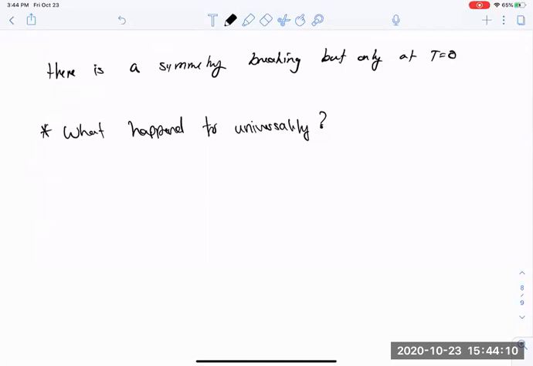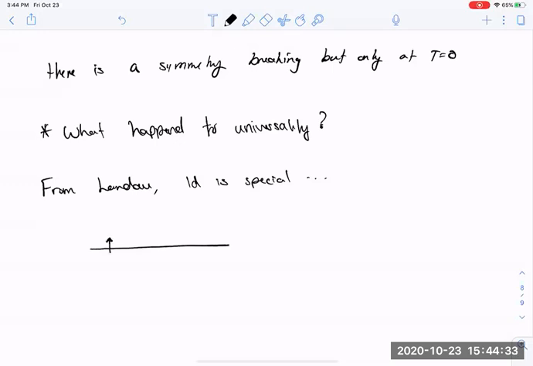To just give you a prelude of why one dimension is special, I want you to think about what would happen if I took a system that was all up, so in a symmetry broken state, and I introduced the lowest energy excitation that results in zero magnetization.